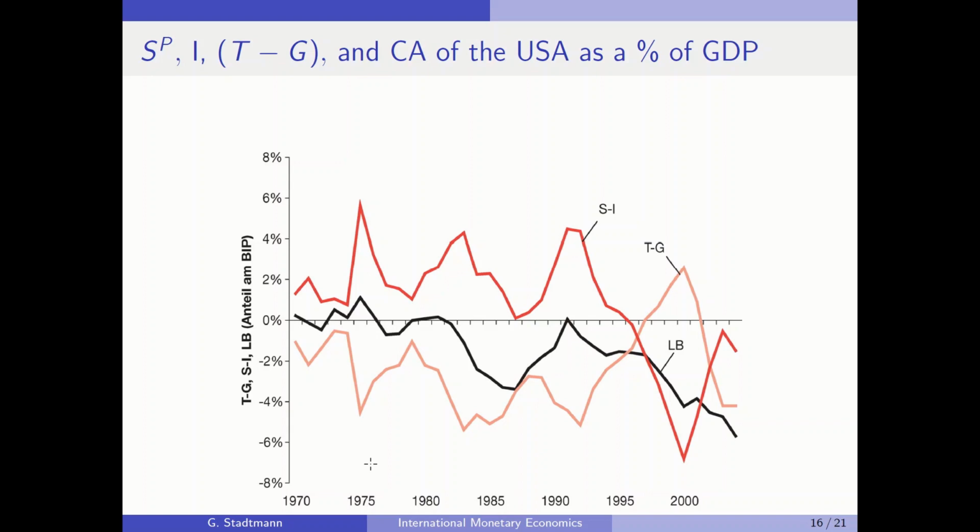In a recession, investment is decreasing, and when investment is decreasing, then S minus I is going up. Also, in a recession, tax revenues are decreasing, government spending is increasing, therefore the government budget deteriorates, and T minus G is decreasing in a recession.